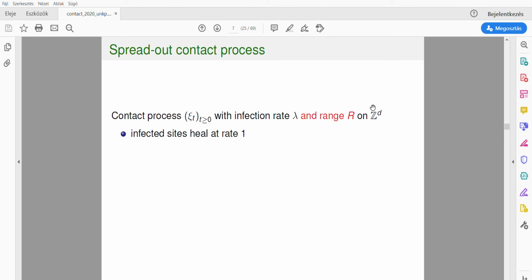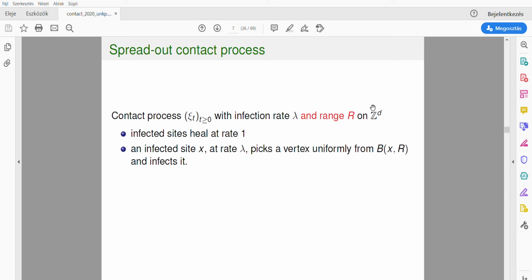So let me try to define the spread out contact process with the infection rate lambda and range R. The healing procedure is just the same as before. Infected sites heal at rate 1. So if I'm infected, then I have an exponential clock with rate 1, and when that clock rings, I become healthy again. But the infection dynamics is a little bit different.